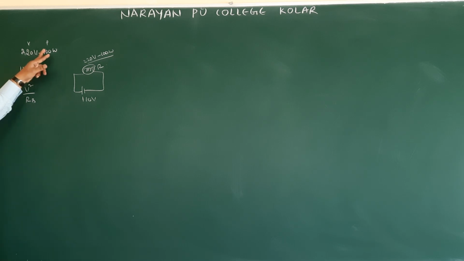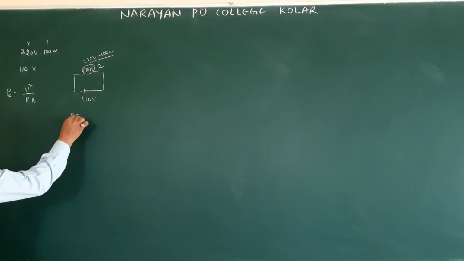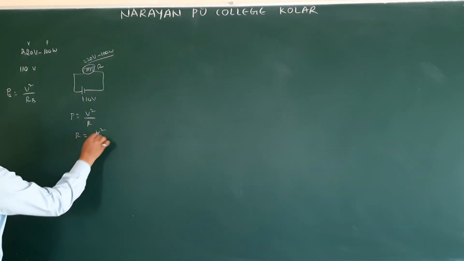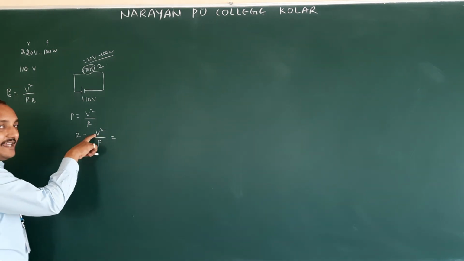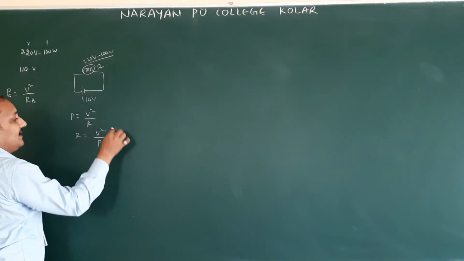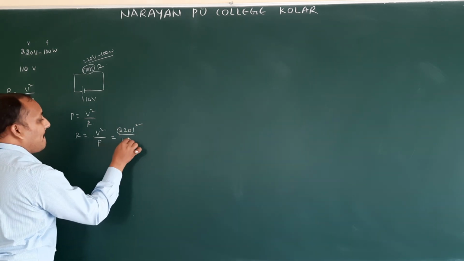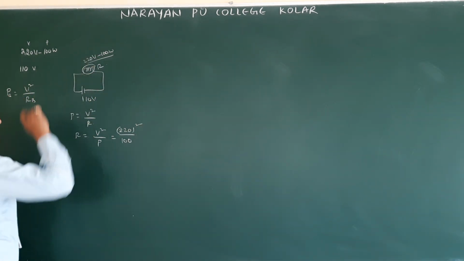Now what is the power, voltage and resistance relation? P is equal to V square by R, correct? And R is equal to V square by P. So we substitute V as 220, whole square, by P, which is 100 watts.